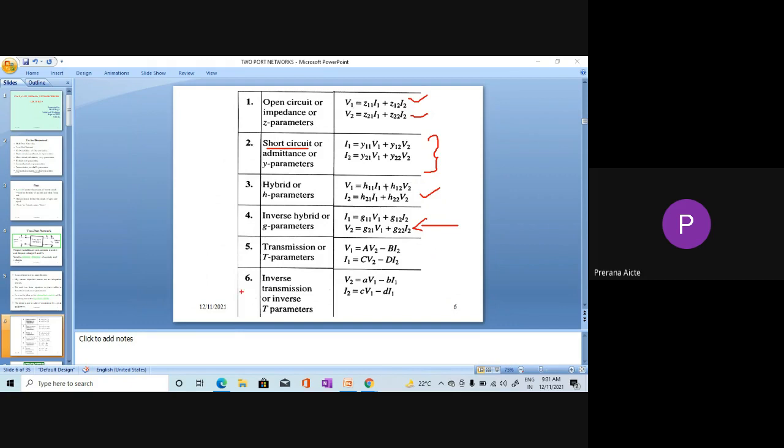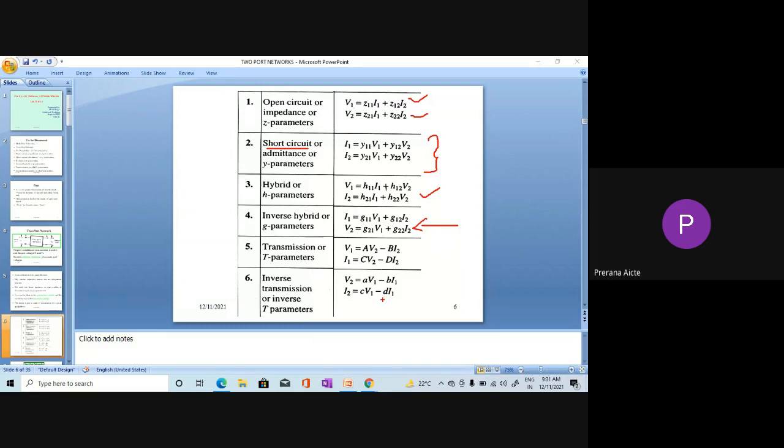If you go for the inverse of your transmission parameters, V2 is equal to aV1 minus bI1, and I2 is equal to cV1 minus dI1. The indication is small letters, small a, b, c, d. So these are the inverse transmission parameters.